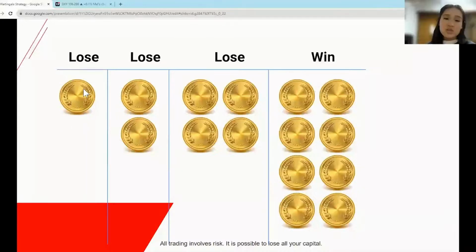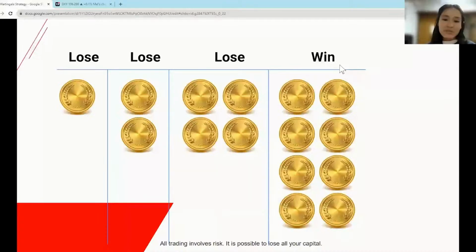And then you lose. So essentially the strategy encourages you to double the amount that you are betting. So in this case, it will be $2. And then if you happen to lose again, then you double it again and you're betting $4. And then if you lose again and you bet double the amount, that's how much you are winning, if of course it lands in your favor.